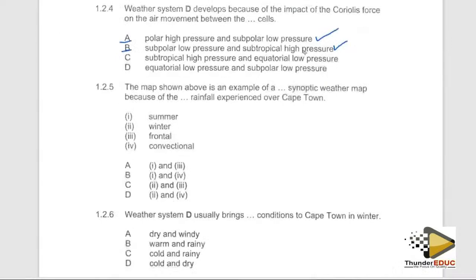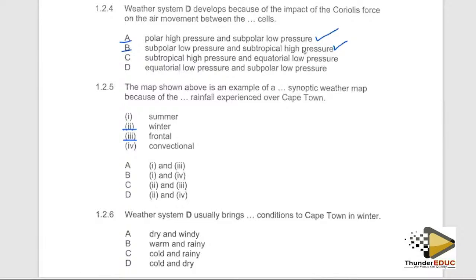So meaning, so far, we know that the map shown is an example of a winter map. So we can take option 2, winter weather map. Yes, so we can go with option number 3 because of the frontal rainfall experienced over Cape Town.